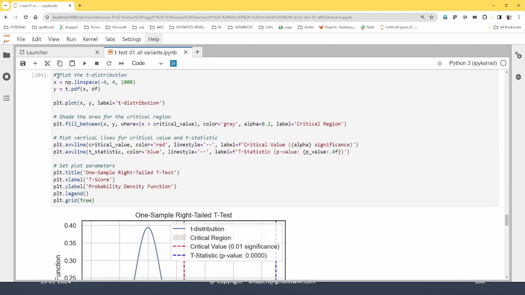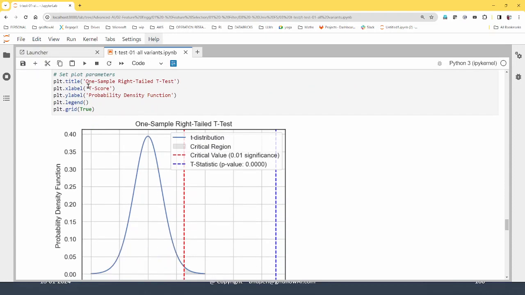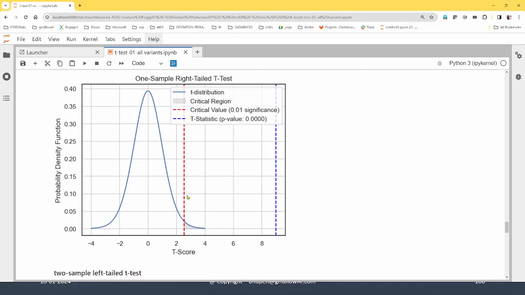And the same plot, just a little bit of a change in the code, it's actually copy-paste from the previous code. And you notice here, in the one sample right-tail t-test, this is the critical value, and the value that you get here on the extreme end means you can reject the null hypothesis.